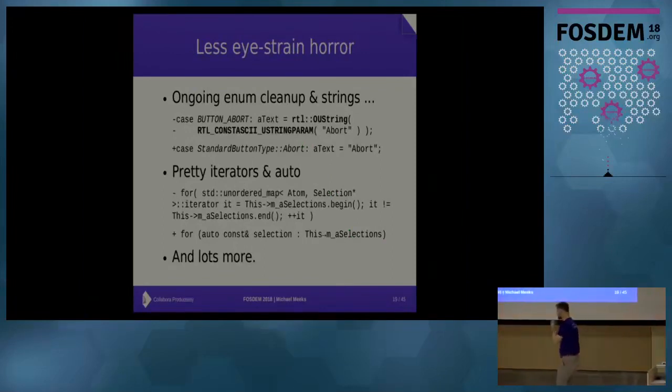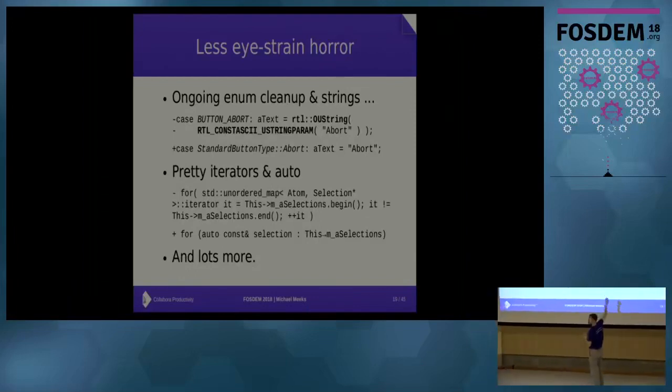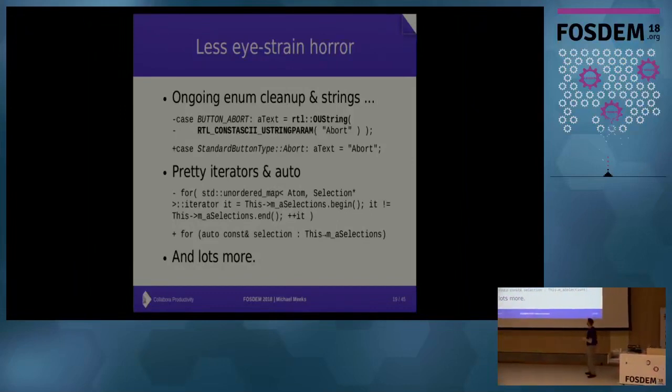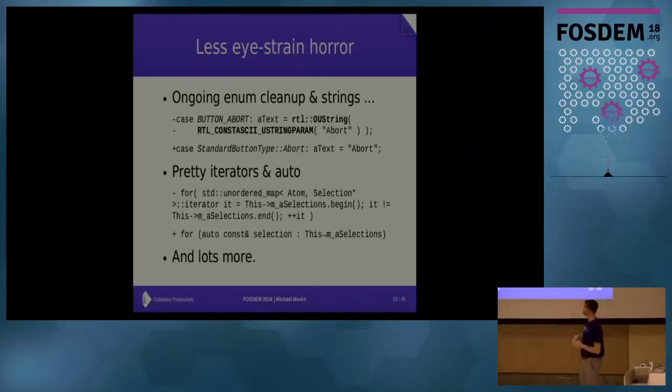Of course, the code base is very old, and this is how we used to create strings with this RTL OUString, RTL const ASCII U string param string. Anyway, in the modern world of magic templates, you can not only compile very, very slowly, but you can make the code look nice. And actually, human time is much more valuable than compile time, perhaps.